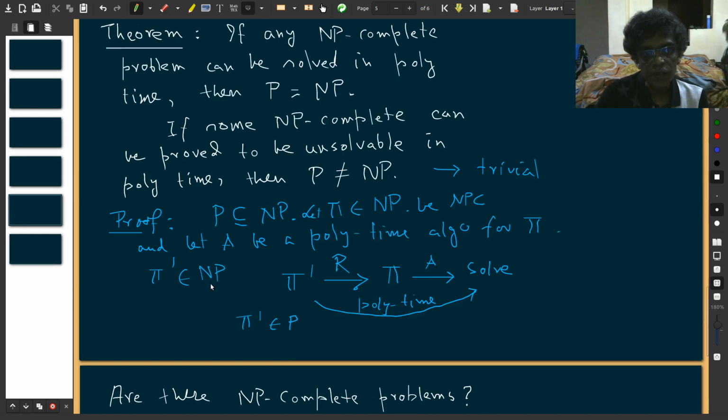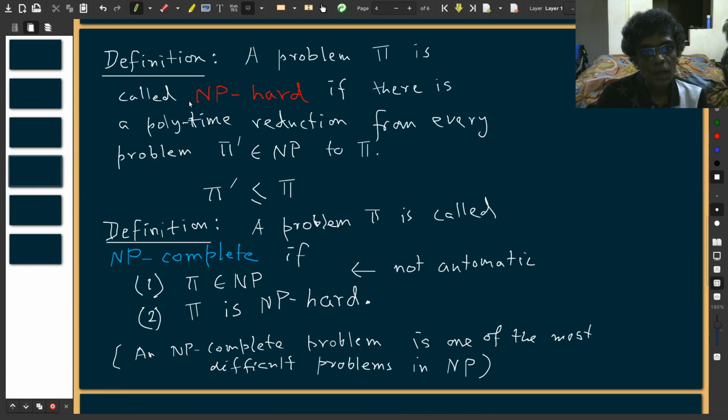This definition says that proving some problem to be in NP is just showing some certificate or providing some sort of non-deterministic polynomial time algorithm. This part is easy. But for proving hardness, I have to pick any problem pi prime in NP and show that it reduces in polynomial time to pi.